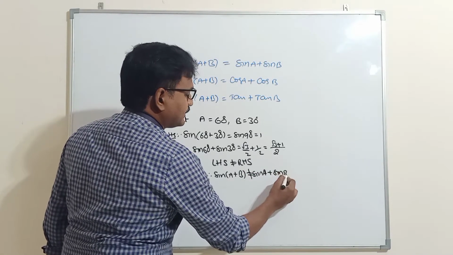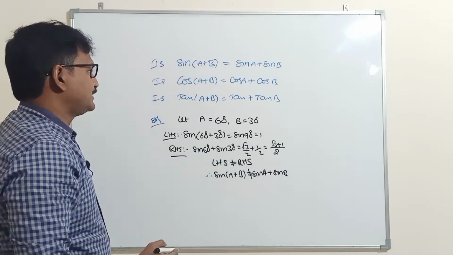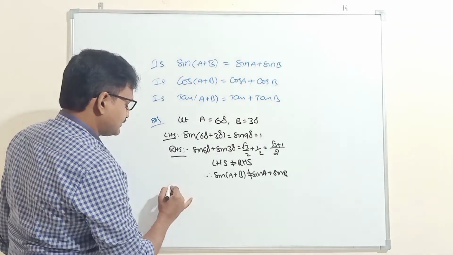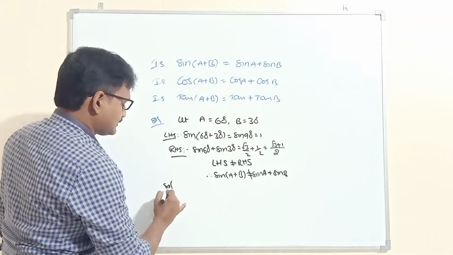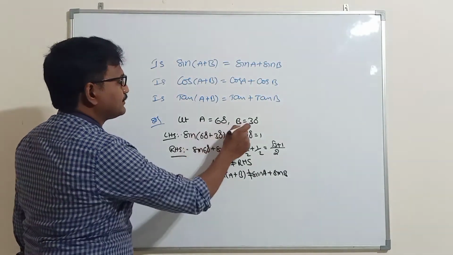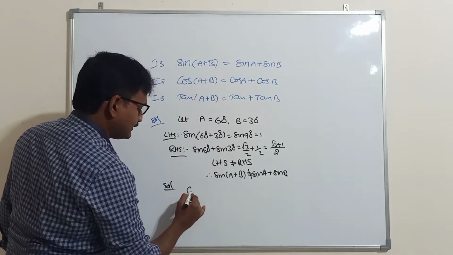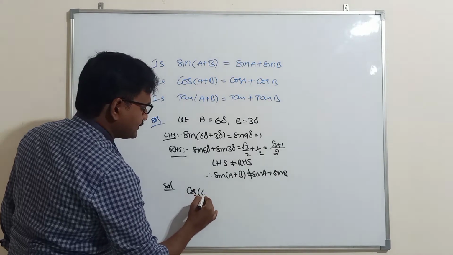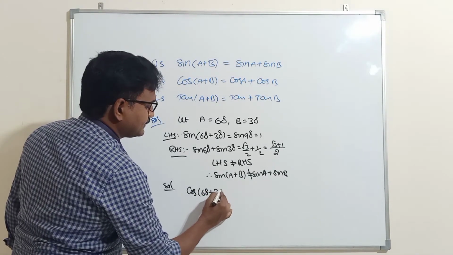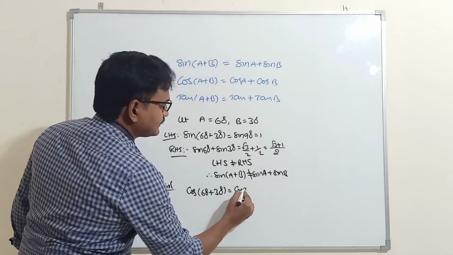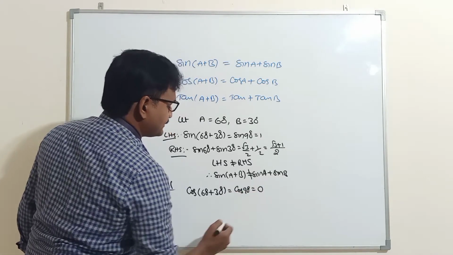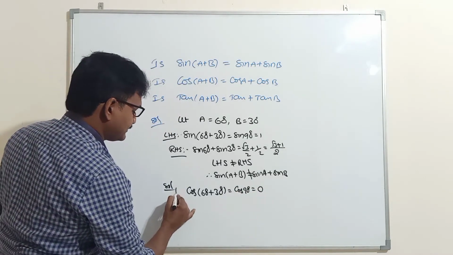Then what about cos of a plus b equal to cos a plus cos b or not? So proof. For the second question also, let a equal 60, b equal 30. Cos of a plus b means cos of 60 plus 30, cos 90. Cos 90 value is 0. So LHS we got 0.